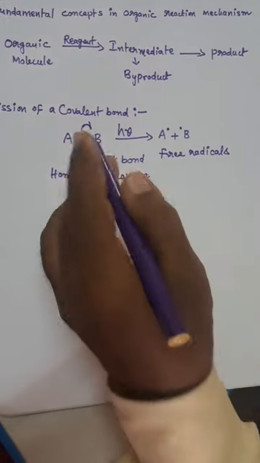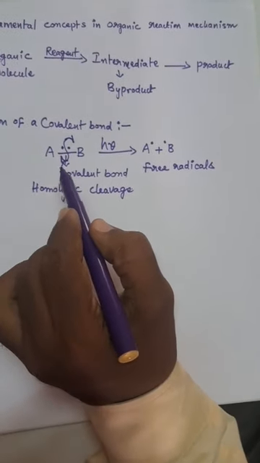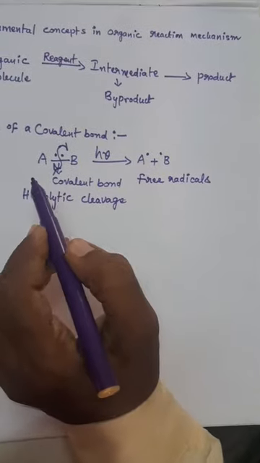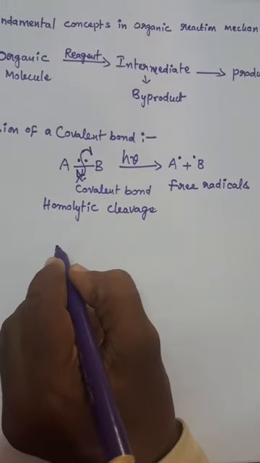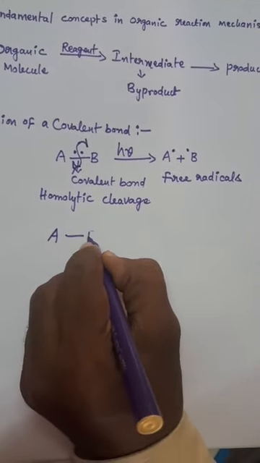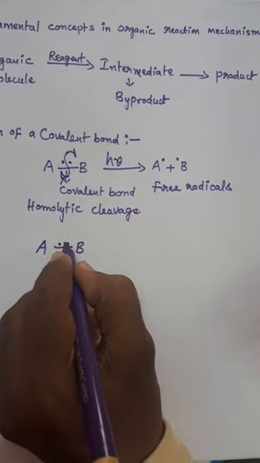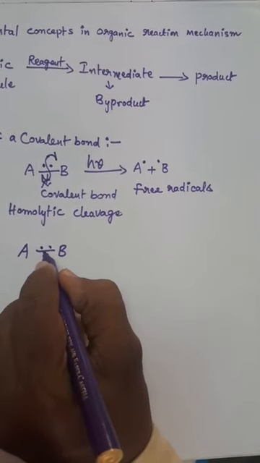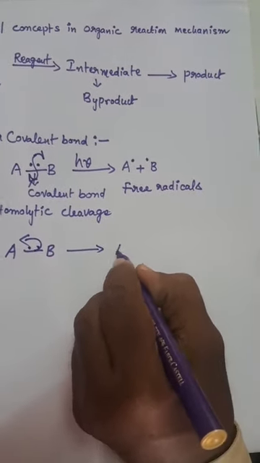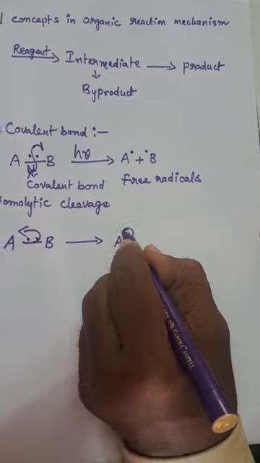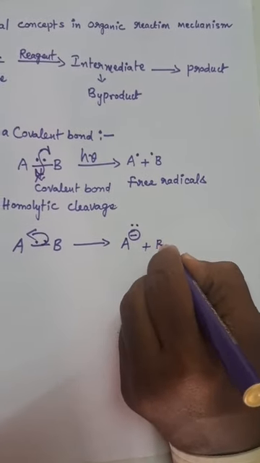If the two electrons are not shared equally by the two atoms, then such a type of cleavage is called heterolytic cleavage. For example, you have A-B, and you know that in the formation of this covalent bond two electrons are involved. If these two electrons shift to A, then A will get a negative charge, and B will get a positive charge.